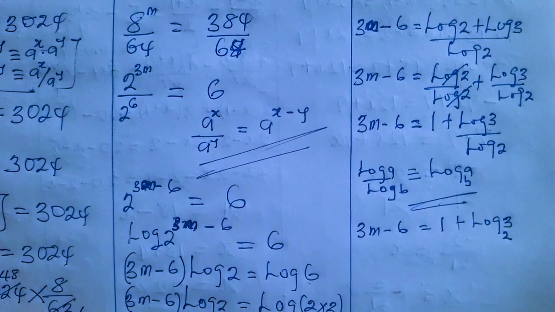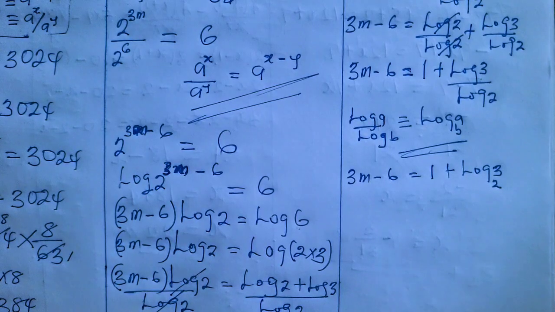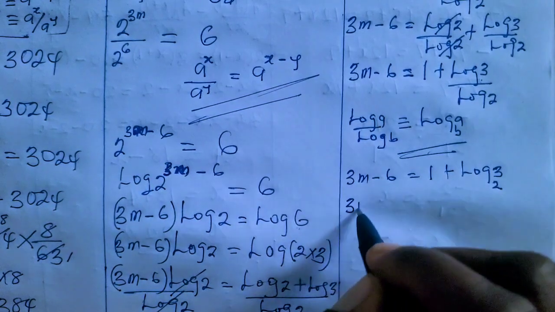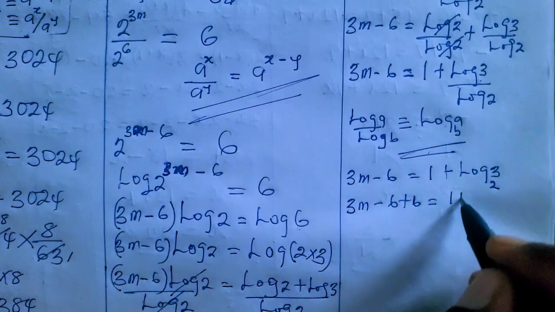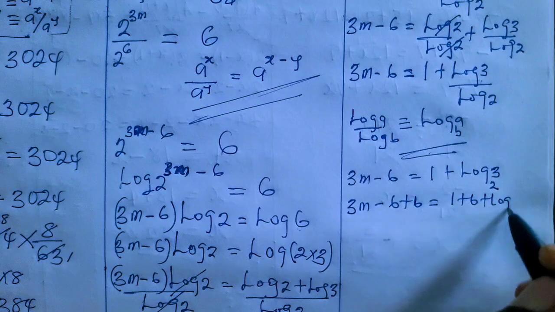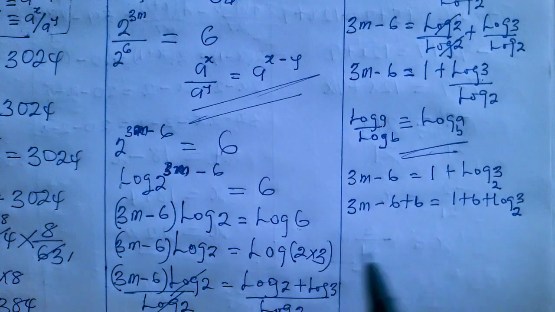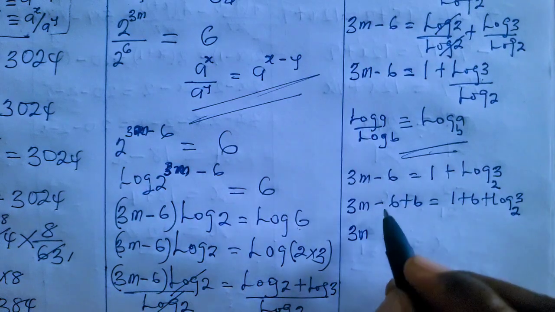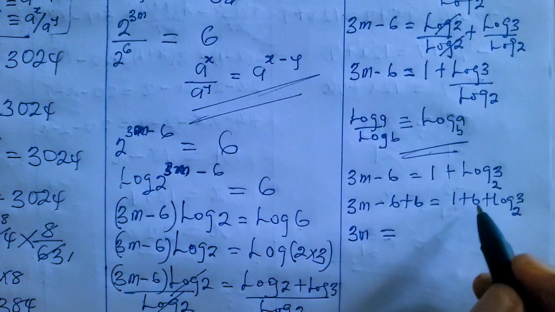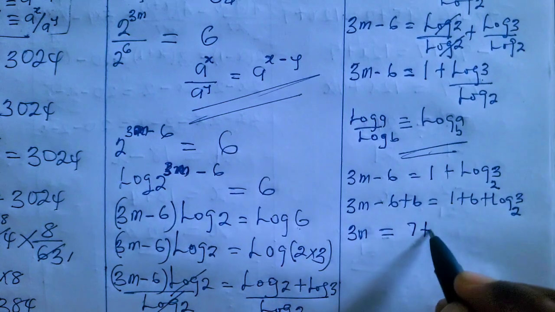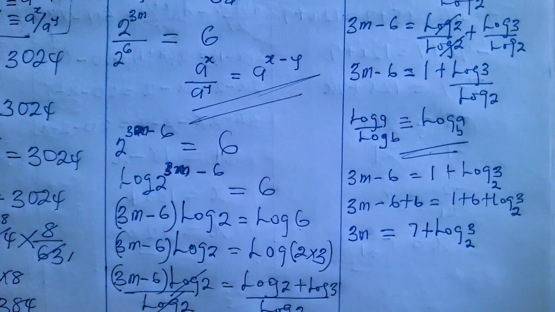Again, I'm going to add 6 to both sides of the equation. In that case, we have 3m minus 6 plus 6 equals 1 plus 6 plus log 3 base 2. To simplify this, minus 6 plus 6 is 0, and 3m equals 1 plus 6, that gives us 7, plus log 3 base 2.